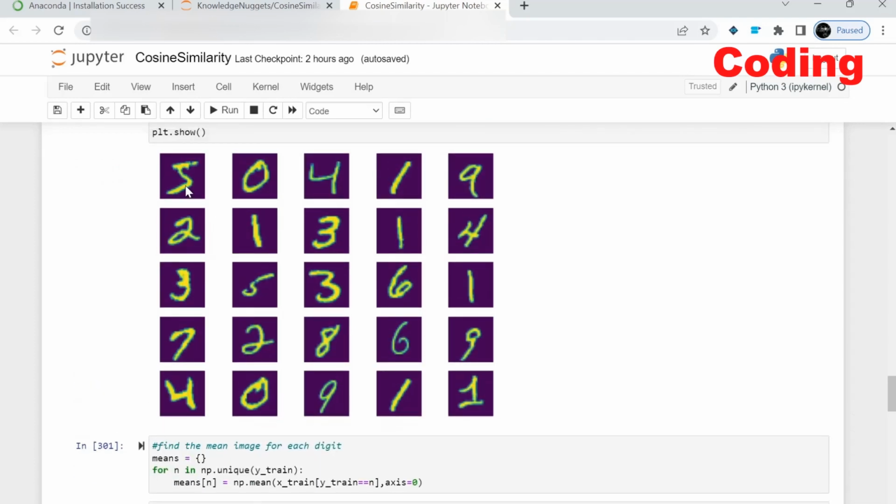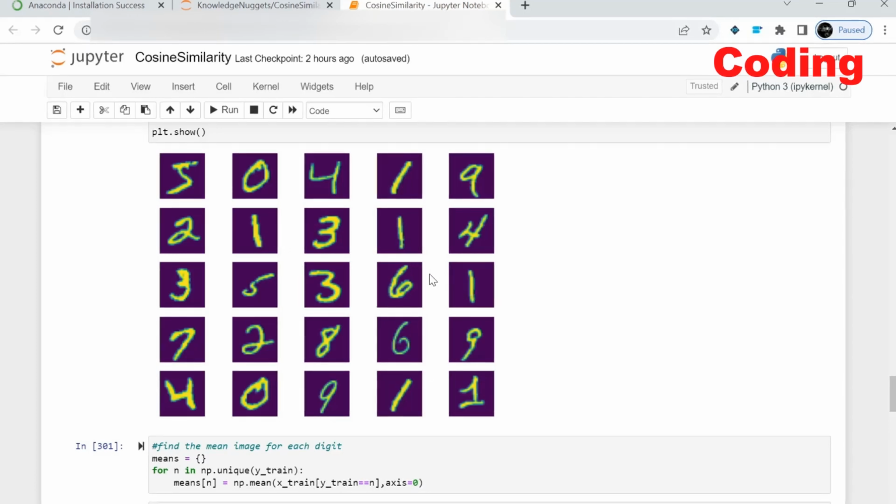Now we'll try to find the mean image for each of the digits, for example, 5. We'll add up all the image values of 5 and then divide by the number of images.